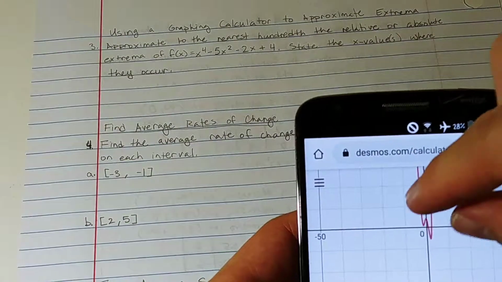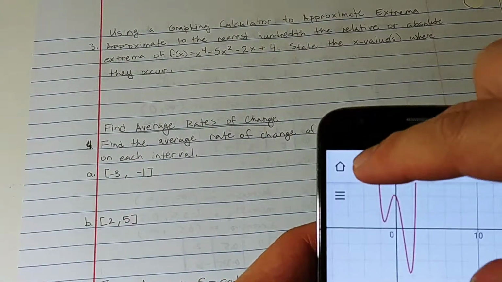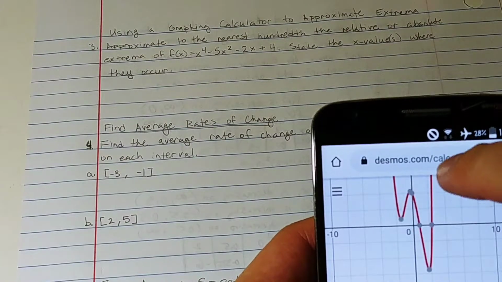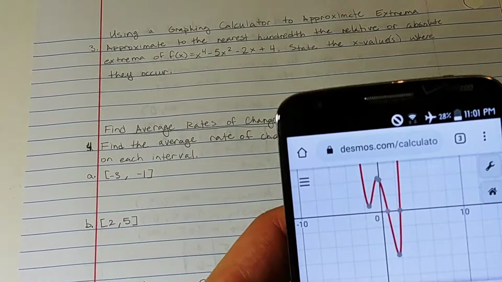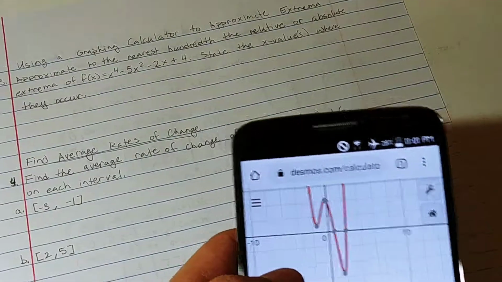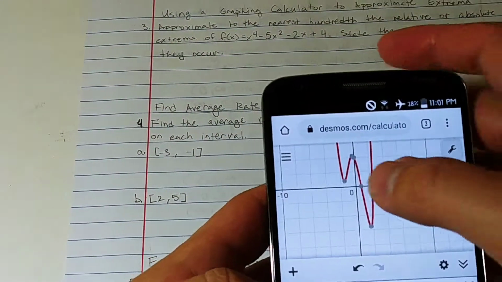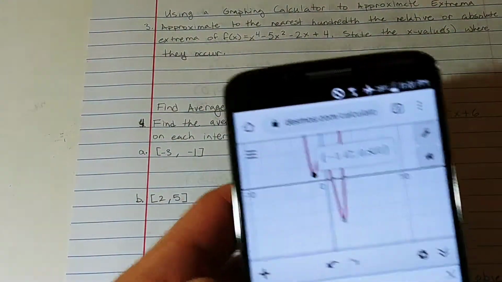That's what our graph looks like. And the nice thing about this is as long as you touch it, it gives you important points. So here we have our extrema. First one is negative 1 point.